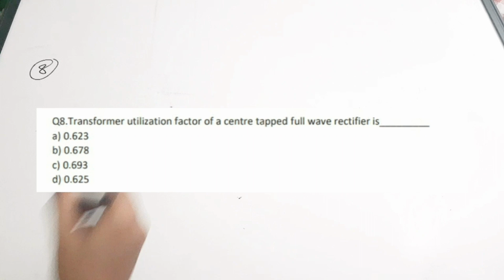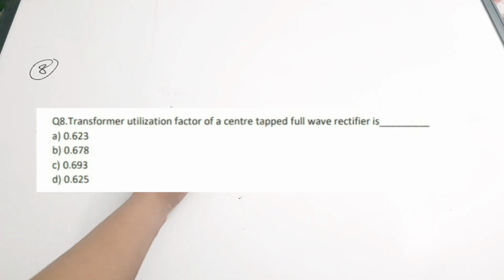The transformer utilization factor is the ratio of AC power delivered to load to the DC power rating. This factor indicates the effectiveness of transformer usage by the rectifier. How effectively the transformer is being utilized, that is the TUF value.